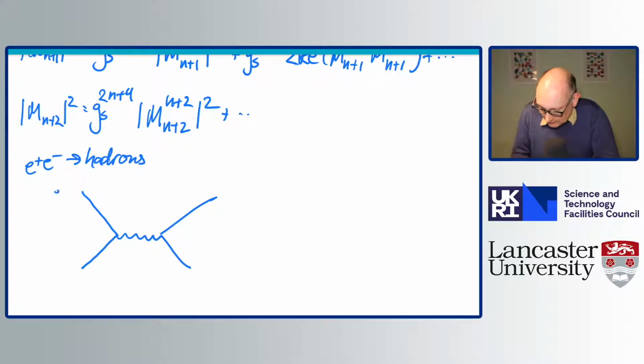So we would have an e minus p1 and e plus p2, and we would have outgoing p3 and p4 for quarks.